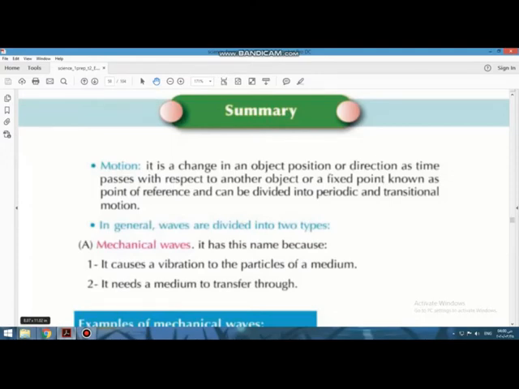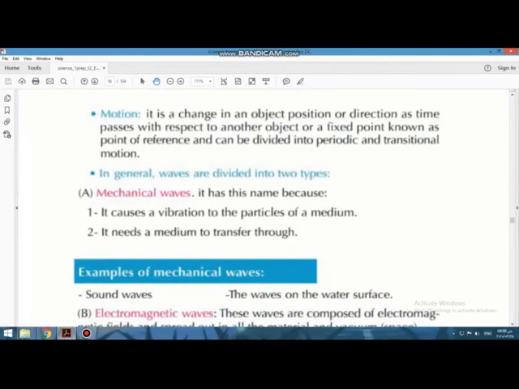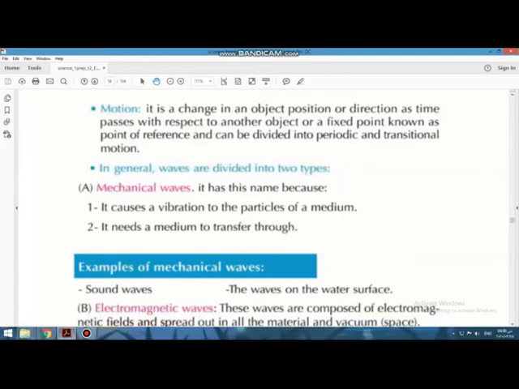At the end of the lesson, I want to focus on the main points of the lesson, such as the meaning of motion, that it is a change in an object's position or direction as time passes with respect to another object, or a fixed point known as a point of reference. Types of motion are periodic motion and transitional motion.